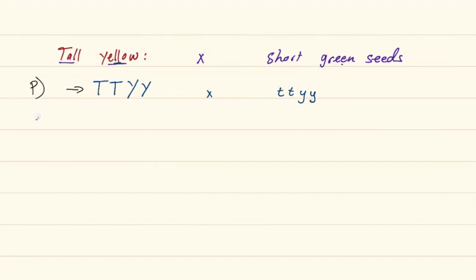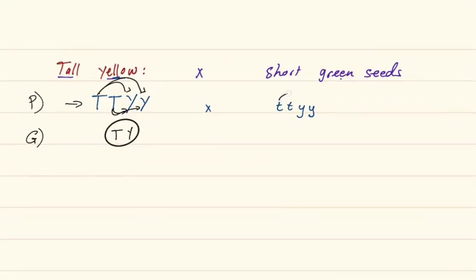How many gametes can be made of this one? The first with the first, T capital, Y capital. This is the first gamete. The first with the second will be the same. The second with the first will be the same. The second with the second will be the same. So how many gametes can be made? Only one gamete.